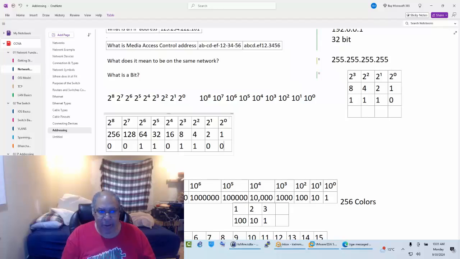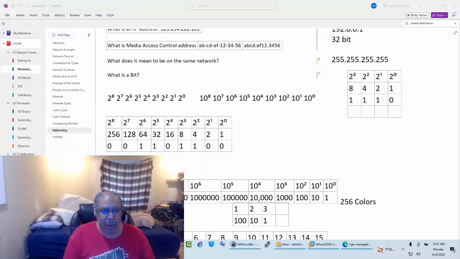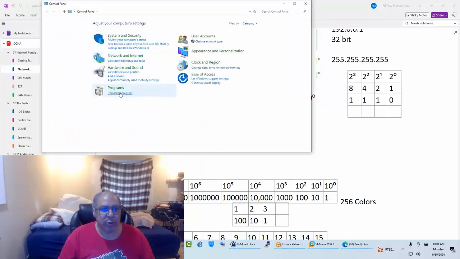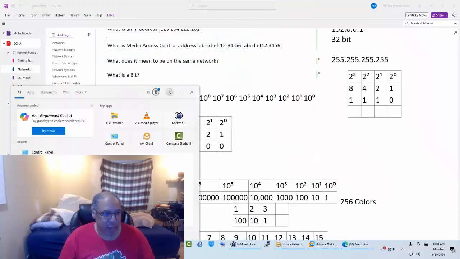That is my binary. And remember how we did it before? We just added up the numbers that had a 1 in it. We're going to use our trusted calculator to make sure I'm doing it right, so there's no confusion from your perspective and mine.